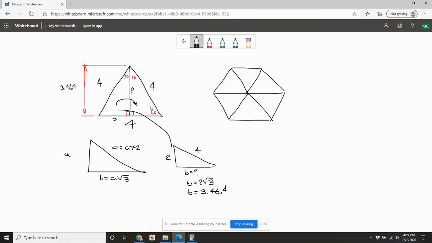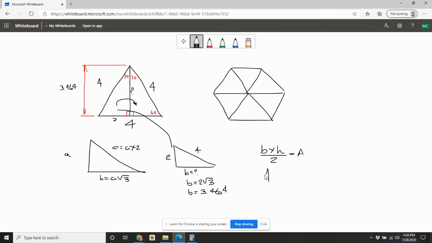So now can I solve for the volume? I can, because I know the height and I know the base. So base times height divided by 2 is equal to the area of the triangle. So let's plug it in.